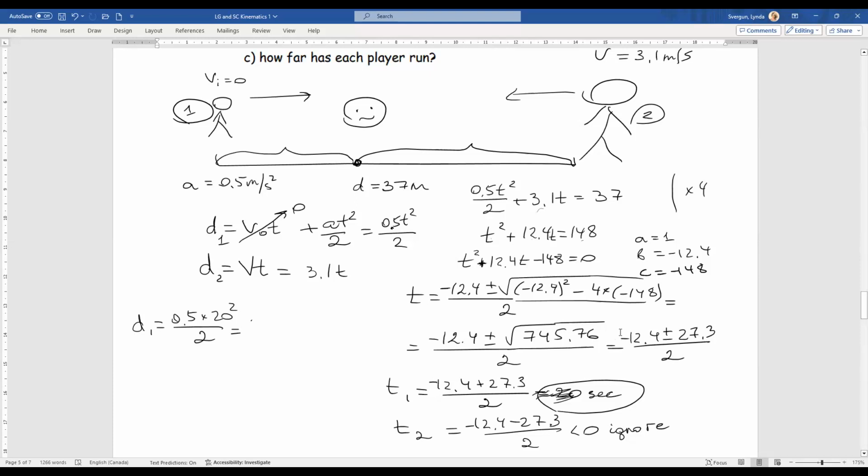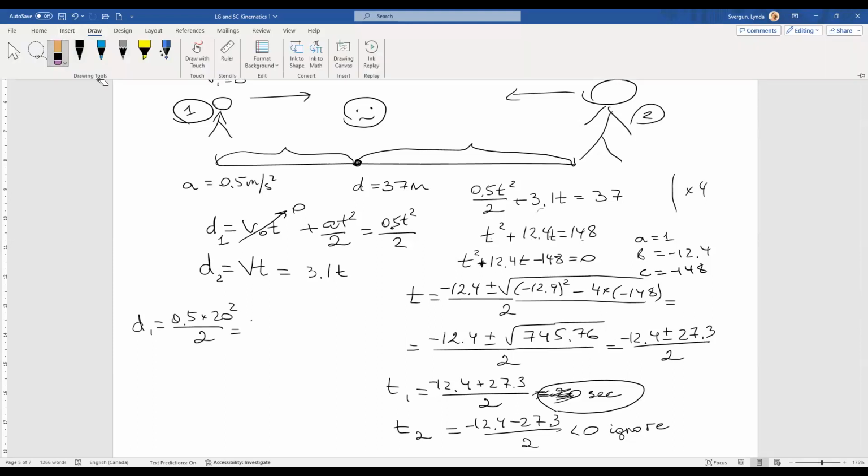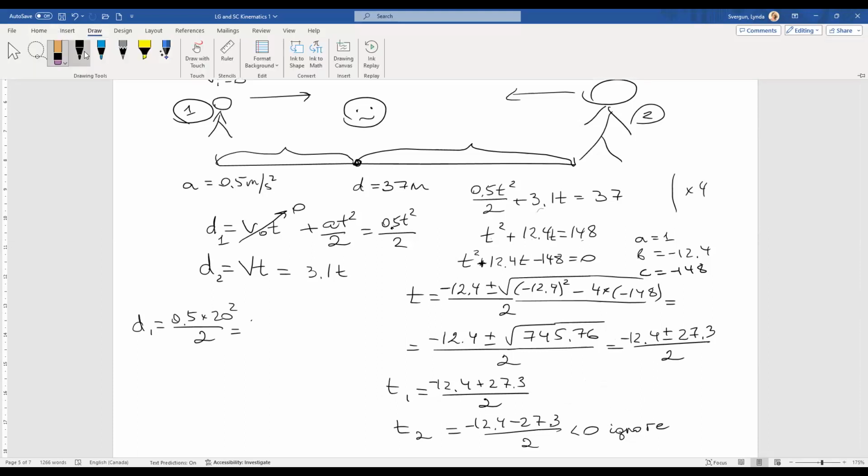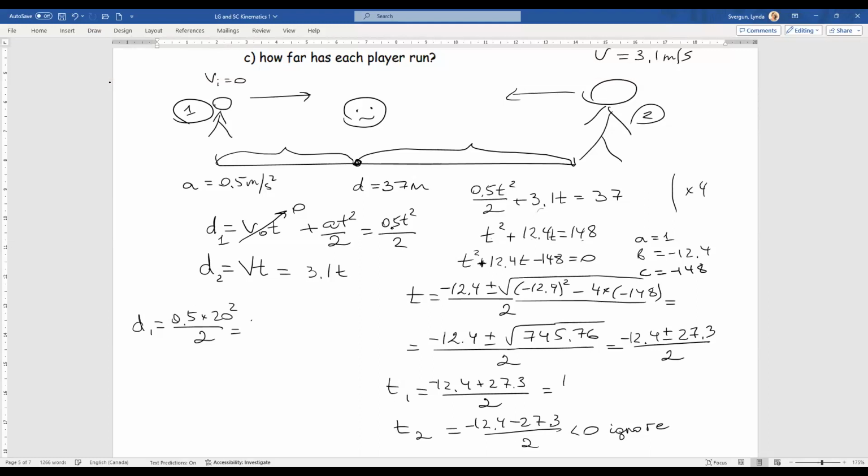Okay, makes sense now. 27.3.45. Let's keep decimals.